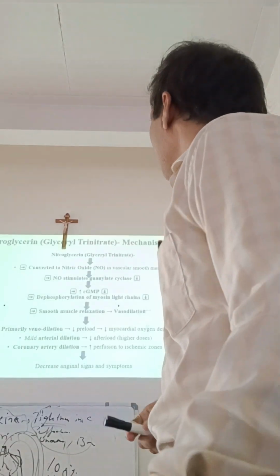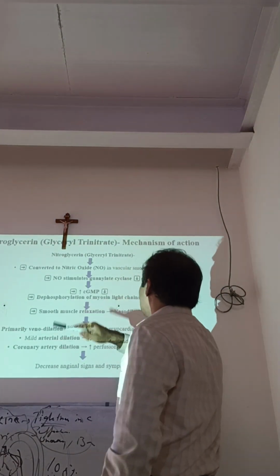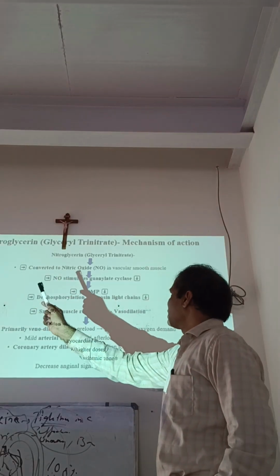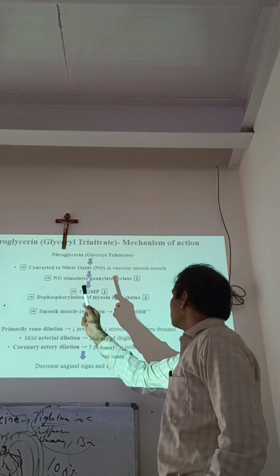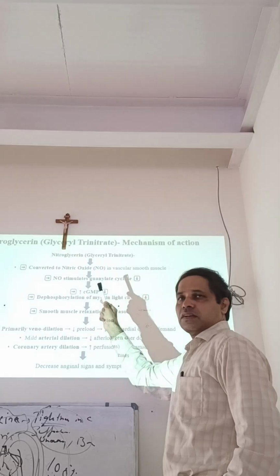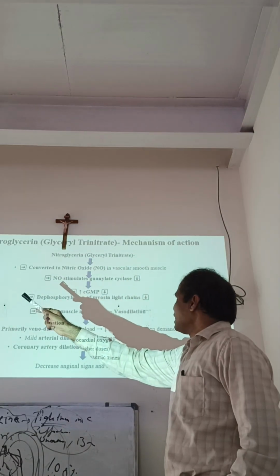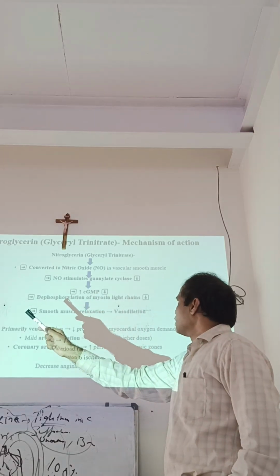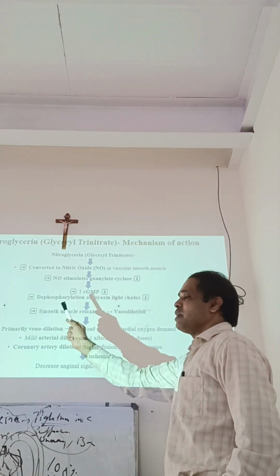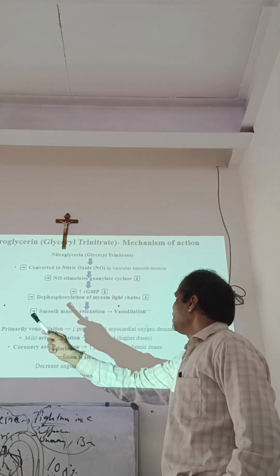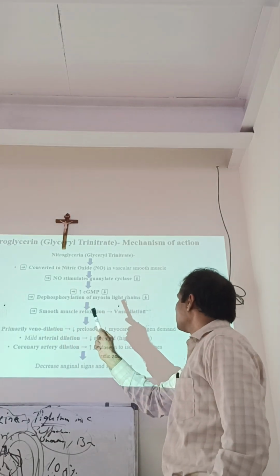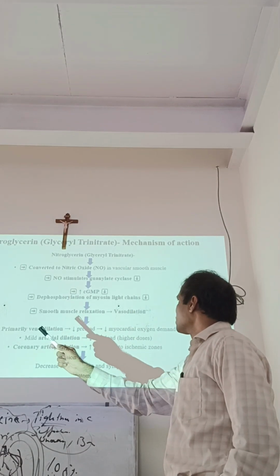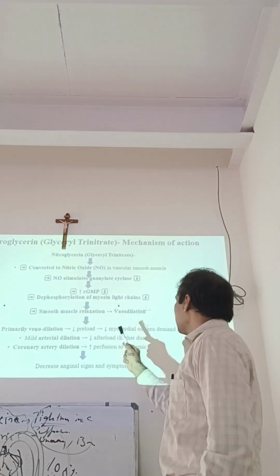How does it act? Once you give nitroglycerin or glyceryl trinitrate, it gets converted in the body to nitric oxide in the vascular smooth muscle. This nitric oxide stimulates guanylyl cyclase enzyme, which increases cyclic GMP, guanosine monophosphate, which dephosphorylates myosin light chain kinase, causing smooth muscle relaxation and vasodilation.